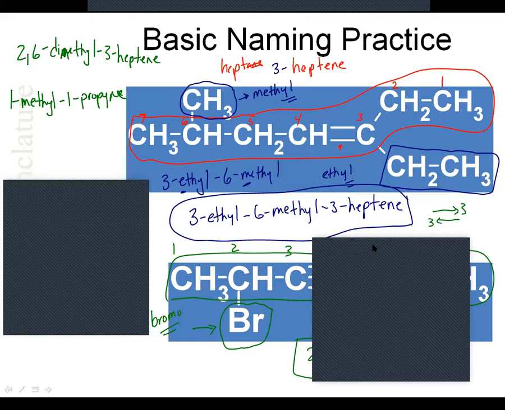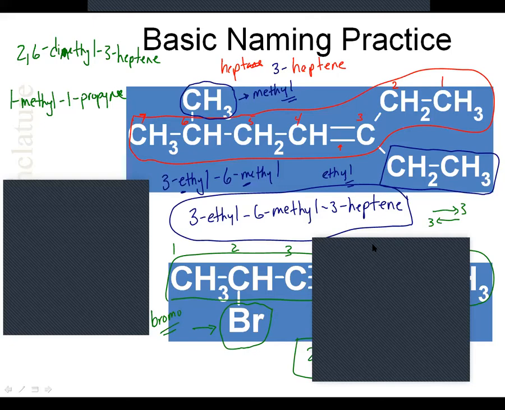You can't have two different ways of numbering, because there has to be a consistent way in which you're numbering where everything is. So by saying 3-heptene, we're saying going right to left is where we find that first double bond, and we have to keep that numbering for the other groups that are attached.